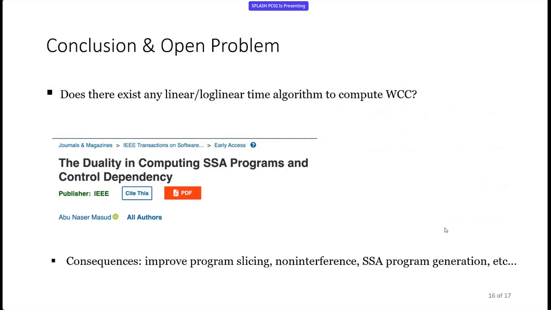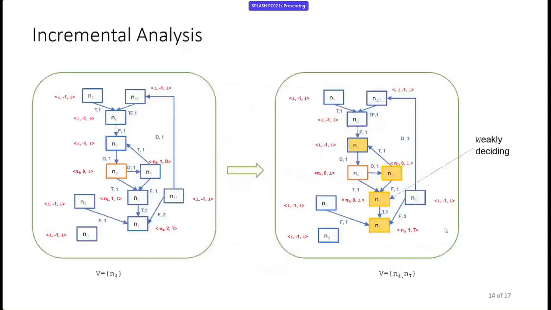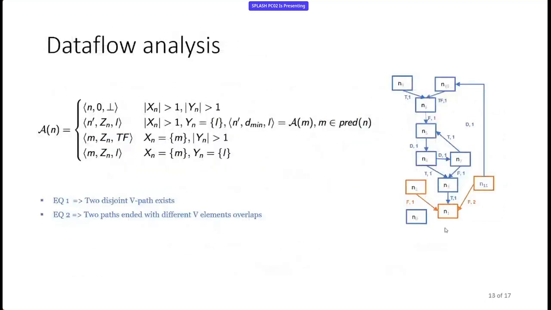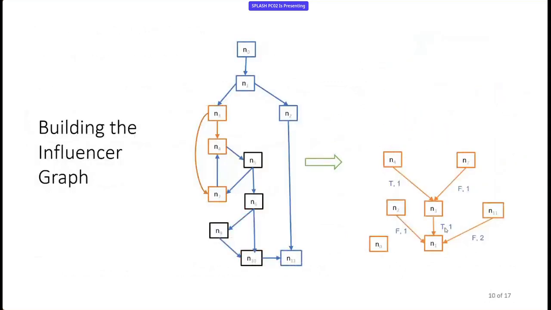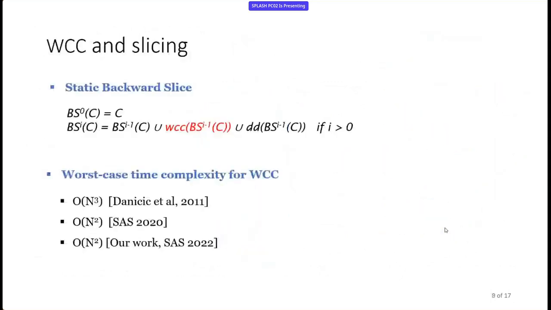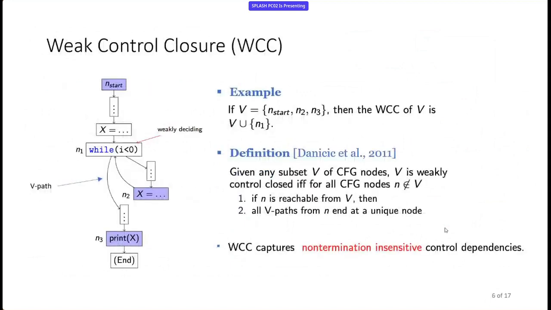This is one thing. And for strong control closure, let me just say that here, for example, suppose you have an edge from here to some nodes that diverge, that is, non-terminating. So for weak control, from a node here, either we can reach a P node or the computation can diverge.